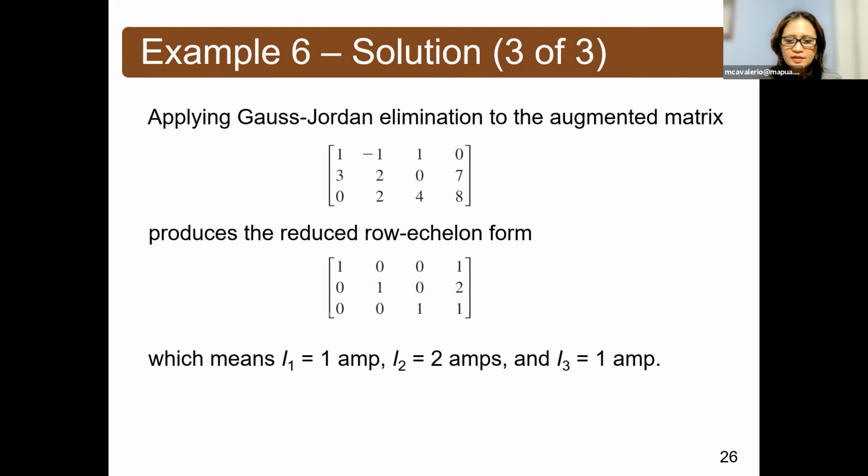Obviously, this tells us that we will have a unique solution. That is I sub 3 is equivalent to 1, I sub 2 equivalent to 2, and I sub 1 equivalent to 1. So the system is consistent, independent.